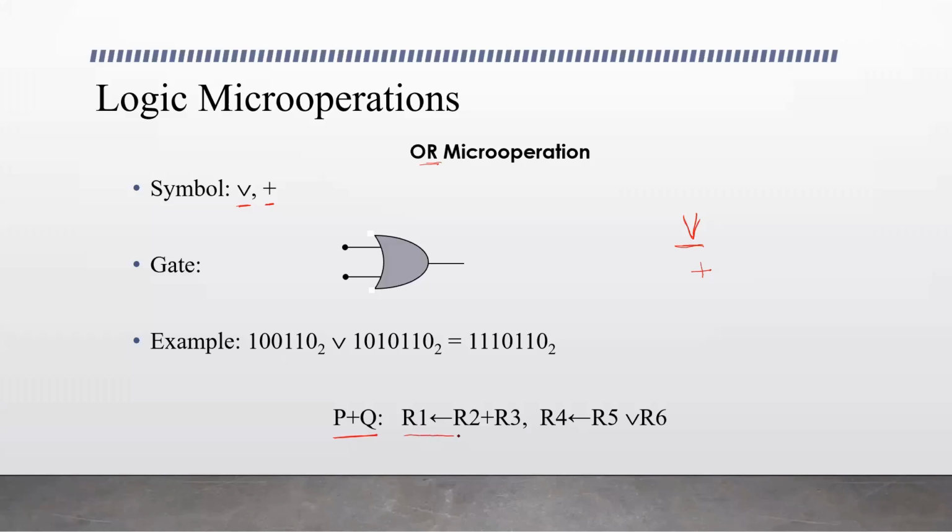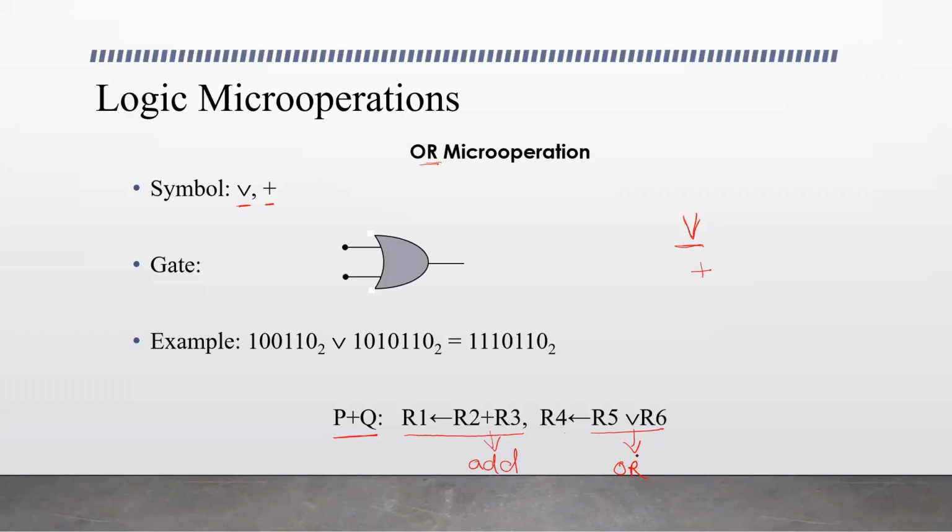And here, this is the microoperation. R1 gets the add of the content of R2 and R3, so this plus represents add. And here R4 gets R5 OR R6, this operator is OR, because this is a microoperation that performs the logic function OR on R5 and R6 and stores the result in register R4.